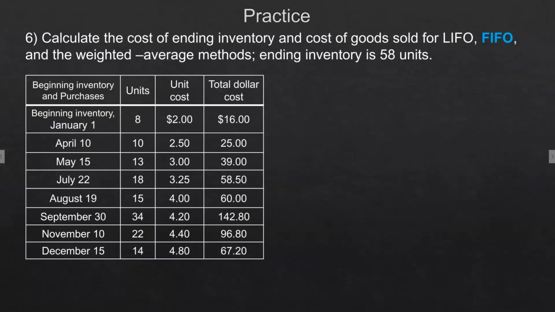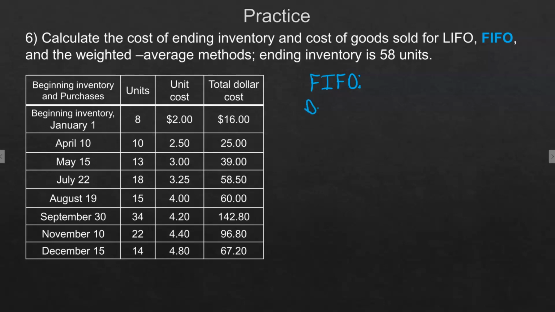Okay, here's our next one, first in, first out. So on this one, first in, first out means at the top of our chart, those things are sold, and so we go to the bottom and work our way up.